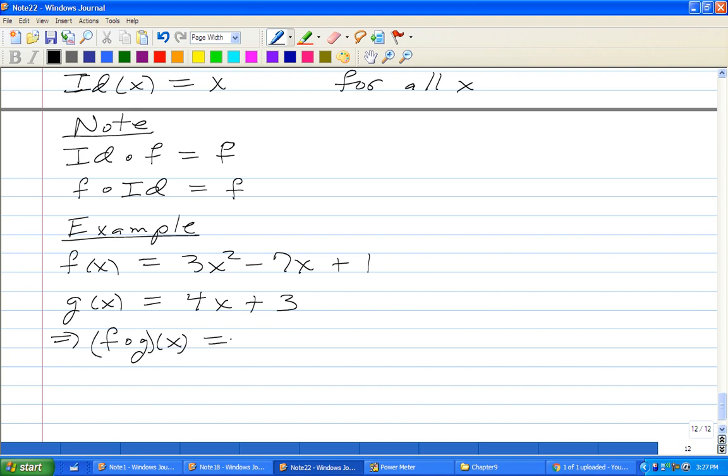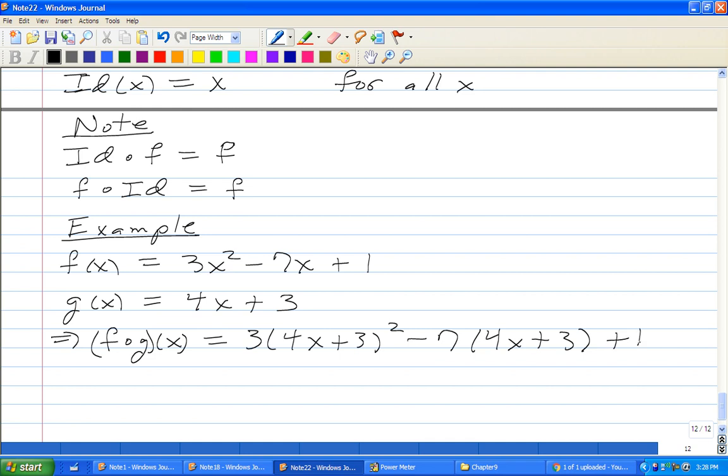Well, wherever I see an x in the formula for f, I replace every x by the formula given by g. And so wherever I see an x in this formula for f, I replace x by 4x plus 3. And so this is just equal to 3 times the quantity 4x plus 3 squared minus 7 times the quantity 4x plus 3 plus 1.